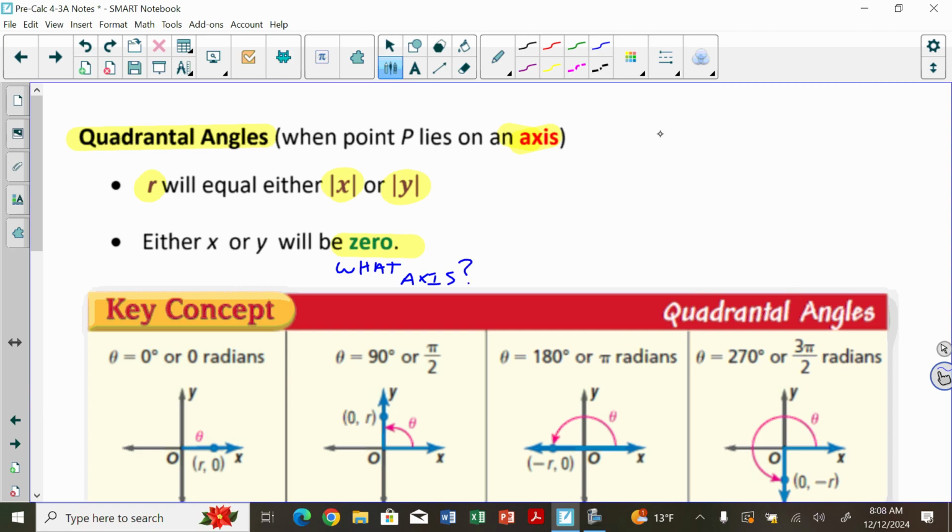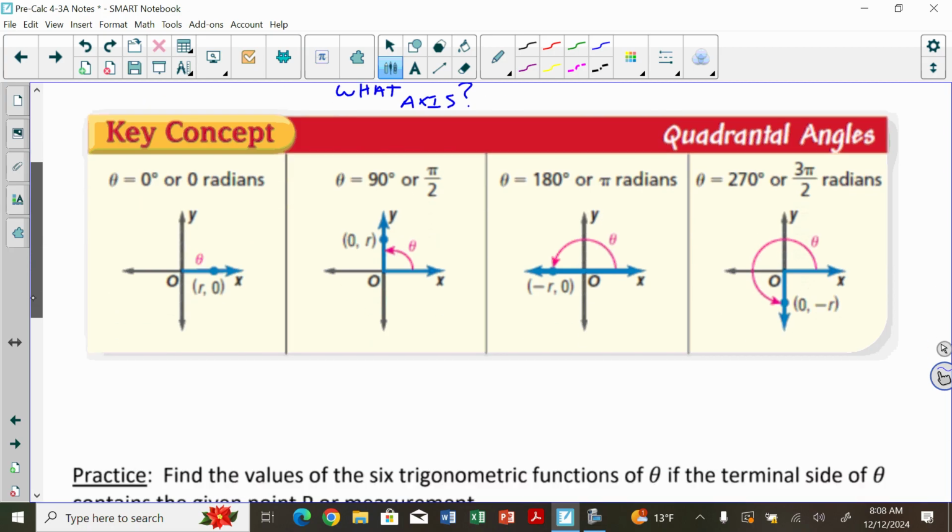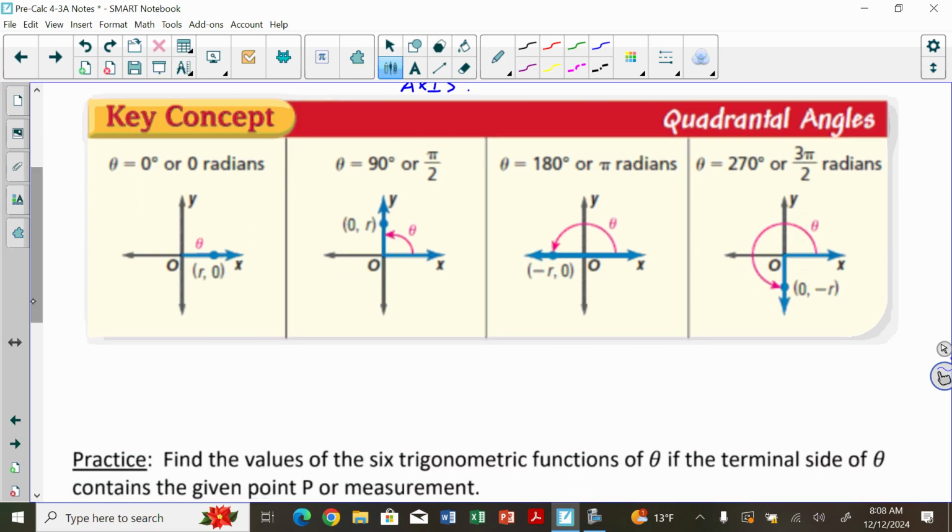Okay? And again, once you see examples, it's not as bad. But in this case, you know that you're going to have a value of 1 for X or Y. R is going to be the absolute value of that, so always positive. And then the other value is going to be 0. So let's just take a look at these. Let's say we have an example where it was 4, 0.